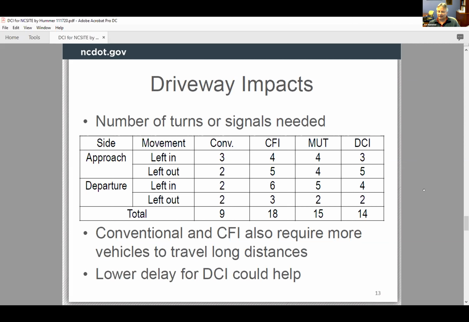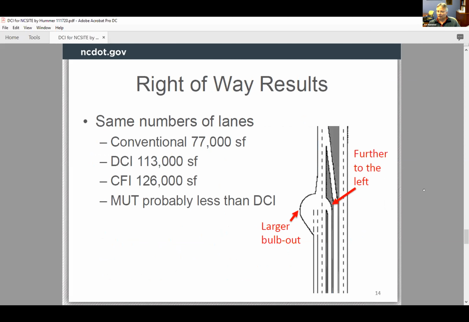dimension of driveway impacts. As far as right-of-way goes, one of the things to realize here is that DCI is going to need a larger bulb out, and that's because the U-turning vehicle starts further to the left than a median U-turn. Try to quantify that in these numbers. DCI is still a little bit less right-of-way than the CFI, which of course requires a big chunk of right-of-way over to the left side of the approach to get those ramps in place.